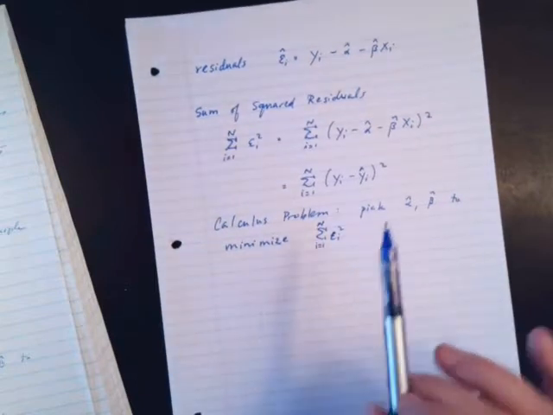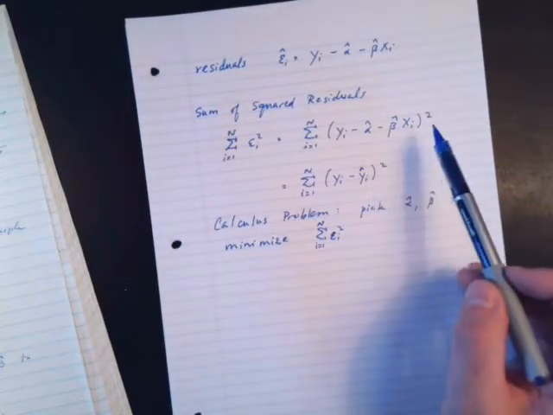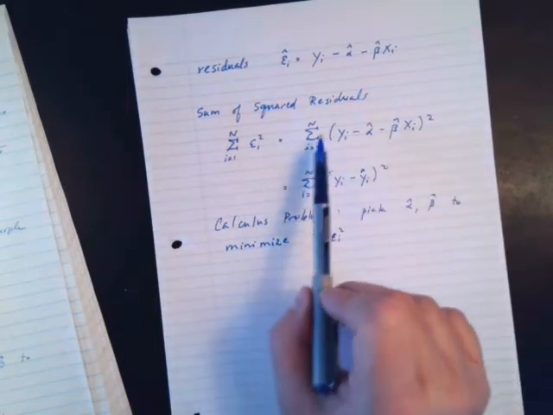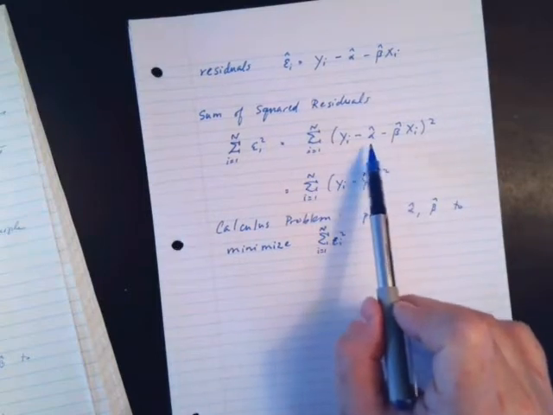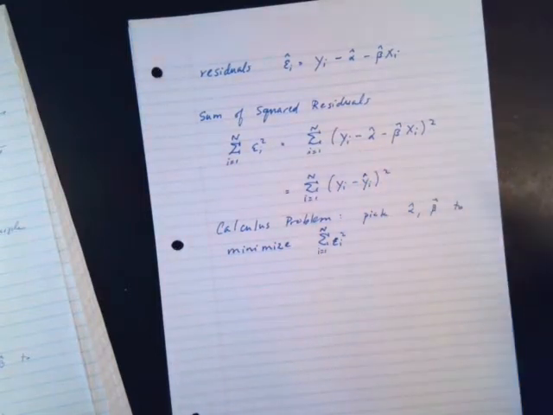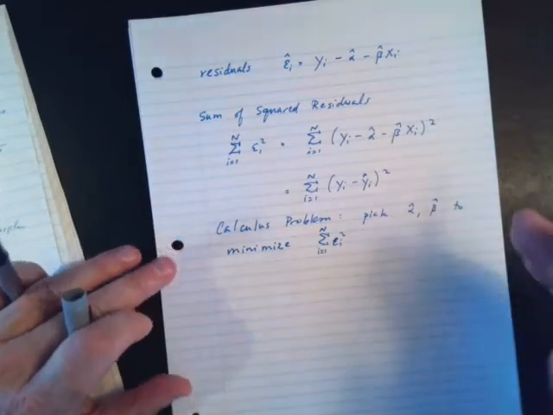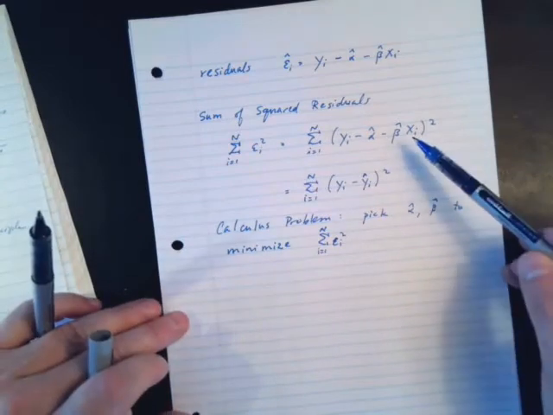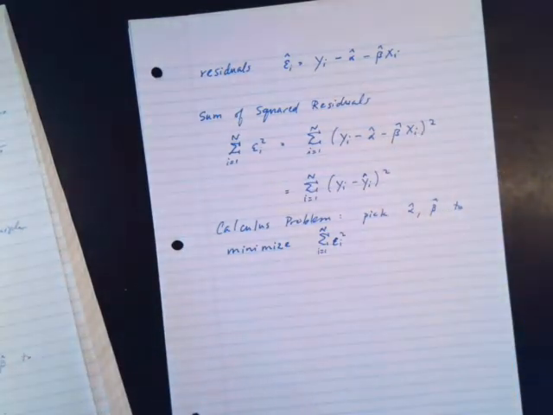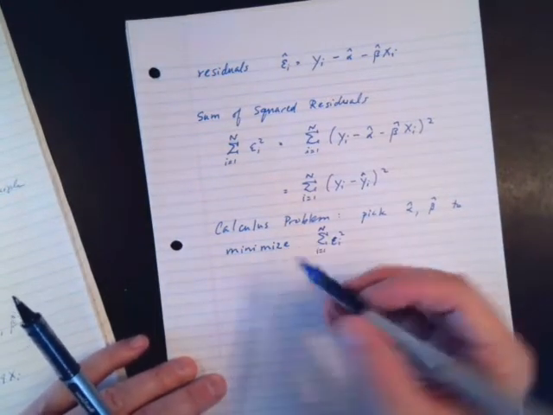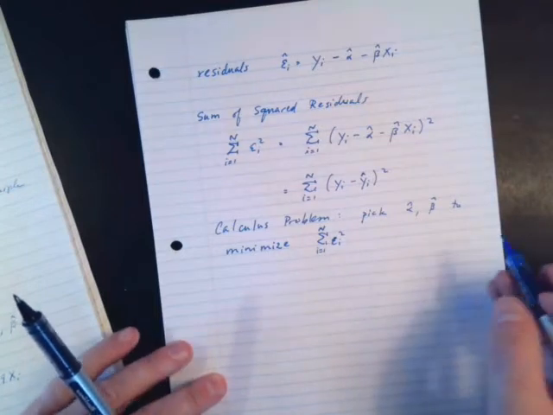Now, we won't go through it. All we'd have to do if we were going to do the calculus problem is take the derivative of this expression with respect to alpha hat and with respect to beta hat. That gives us two first order conditions. We set them equal to 0, and that will give us a formula. So it would allow us to take the data on x and y and spit out values for alpha and beta. So we're not going to actually solve that problem, but you will see the formula. I will show you what the formula looks like.